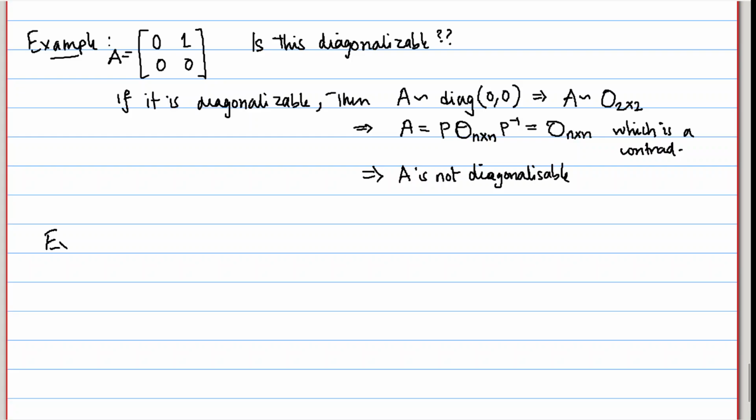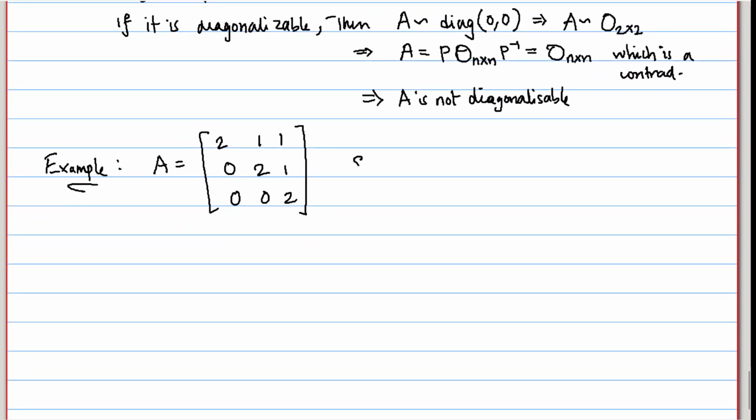Look at the next example. Say A is the matrix 2 1 1, 0 2 1, 0 0 2. Is it diagonalizable? Let's suppose it is.